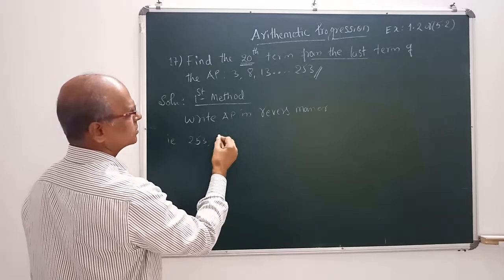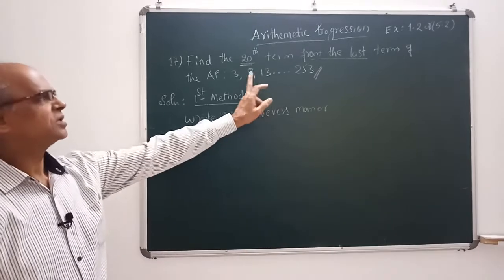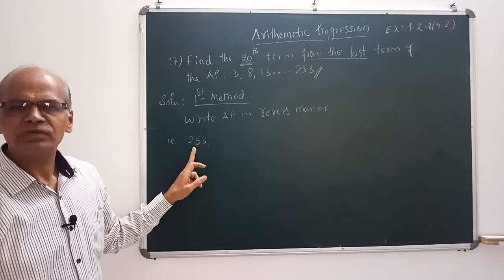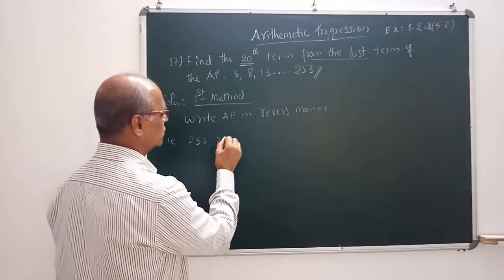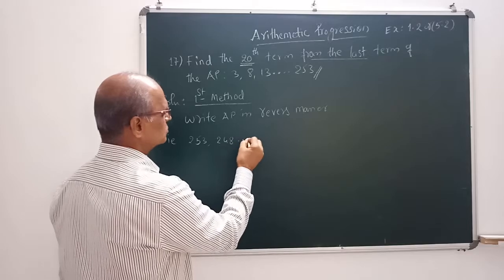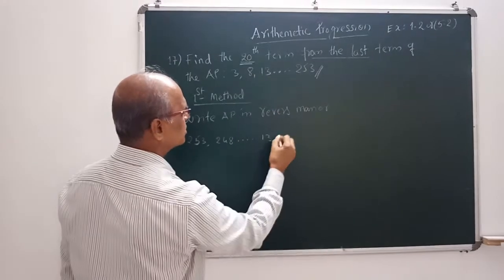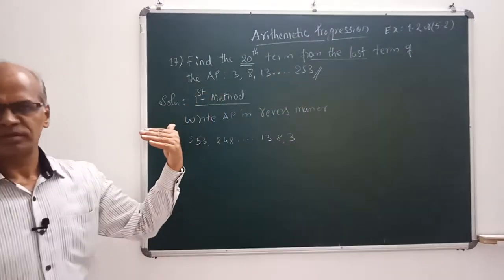First we have to find what is D. 8 minus 3 is 5. That means you have to go on reducing 5 from this. When you minus 5 here, 3 gone and 2 gone means 248. So on 13, 8, 3. Reverse we have written, right?